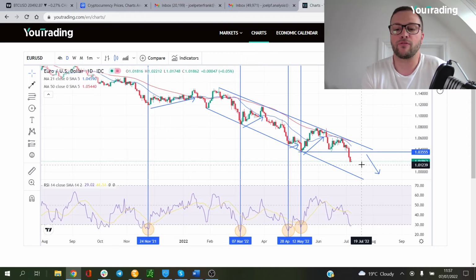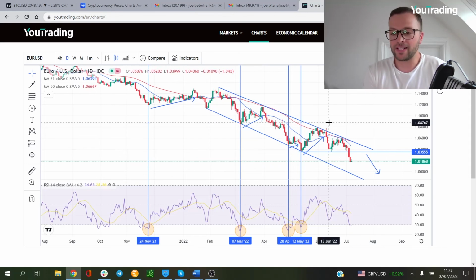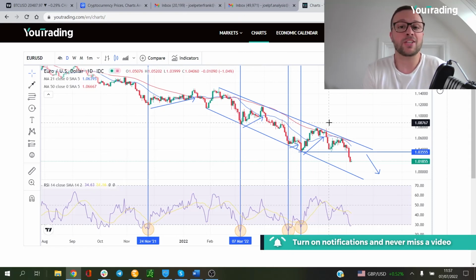I don't know if markets even expect the ECB to get interest rates back to 2%, whereas in the US we're still talking about interest rates sometime in 2023 reaching 3.5 or 3.25 or whatever. So the economics are pointing lower, the central bank situation is pointing lower, and I think the technicals are pointing lower as well. But anyway, that's just what I think, guys.